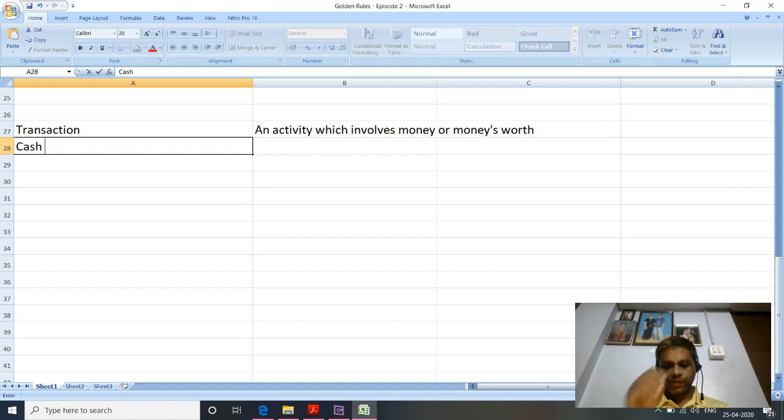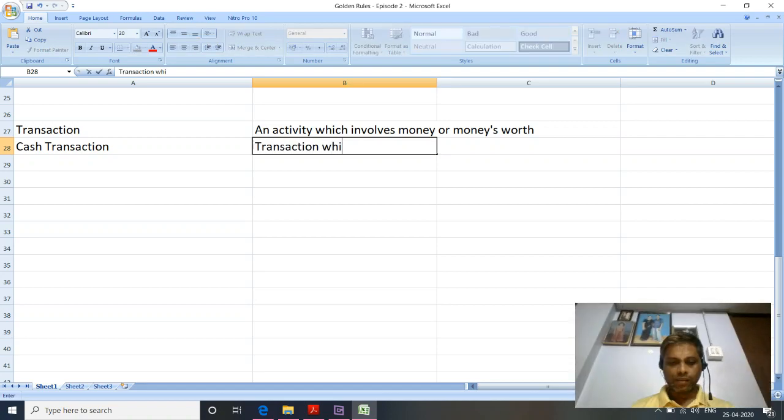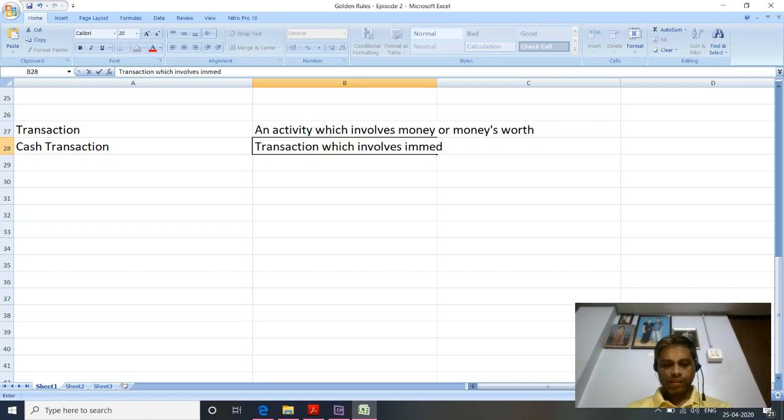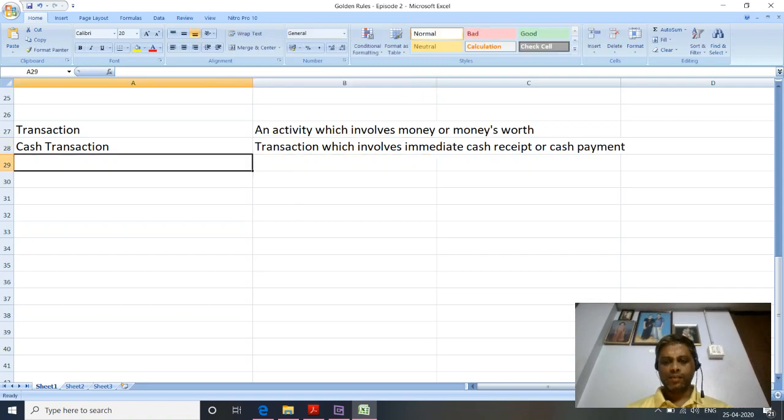Then comes, what is a cash transaction? A transaction which involves immediate cash receipt or cash payment is a cash transaction.